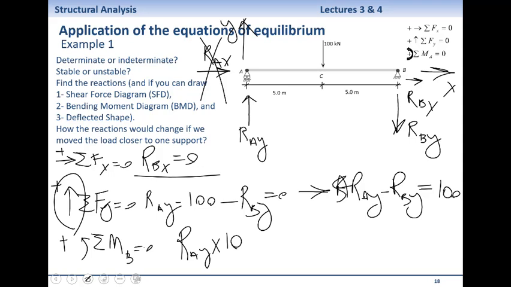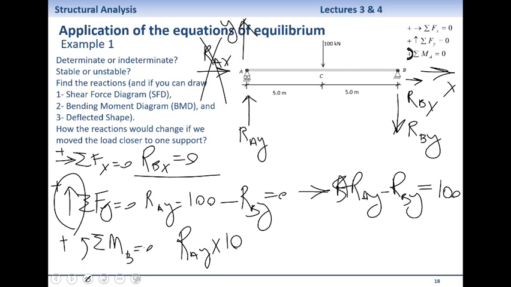Very good. So what you need to do is to imagine there's a pin at point B and picture, with the direction that we have for the force, if it's pushing the beam clockwise or anti-clockwise about that point. So in this case, we assume RAY is going up, which may be wrong, it doesn't matter.